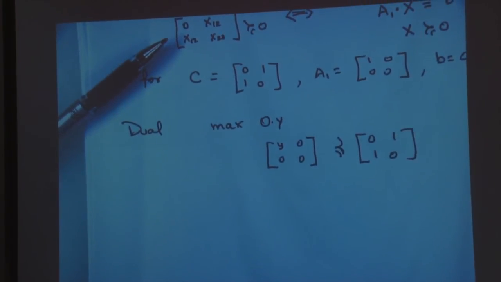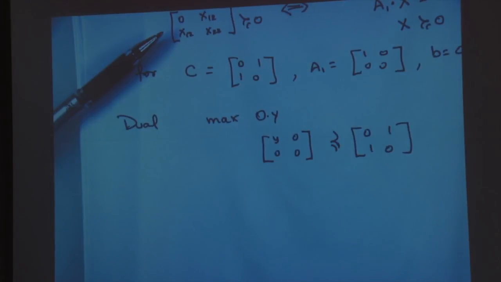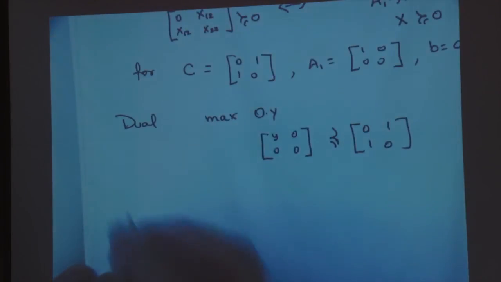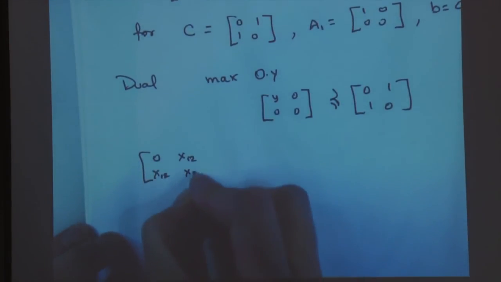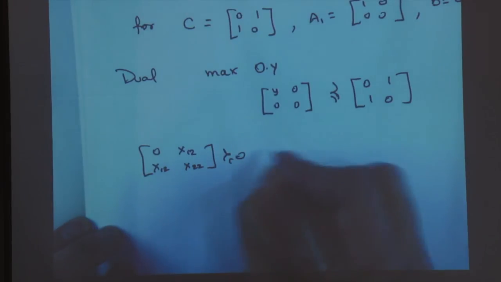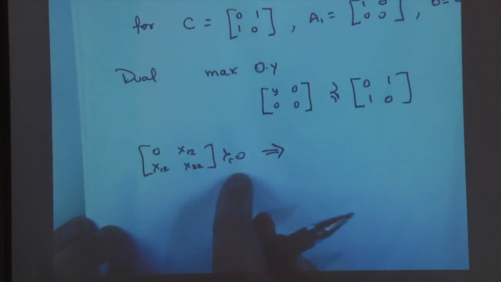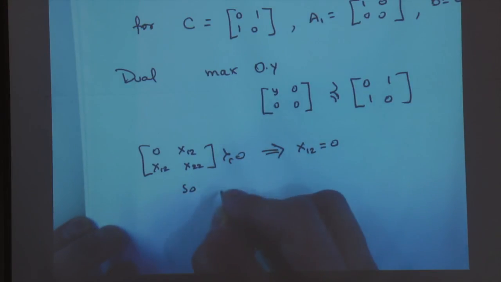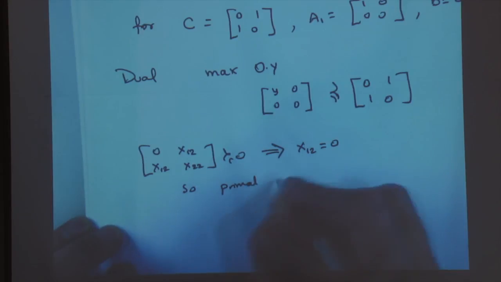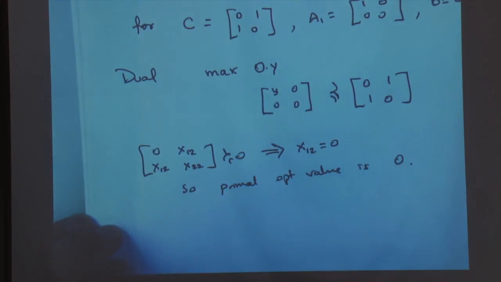So it can only be non-negative when x12 is 0. So the primal optimal value is 0.